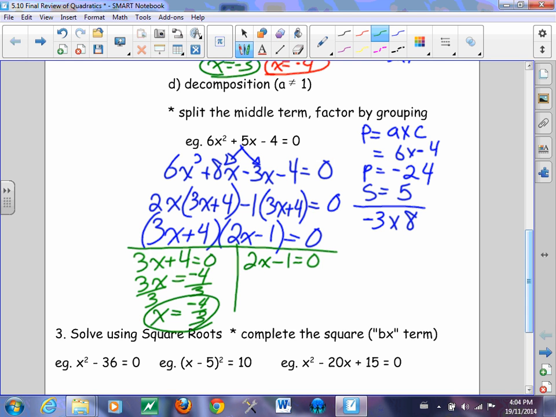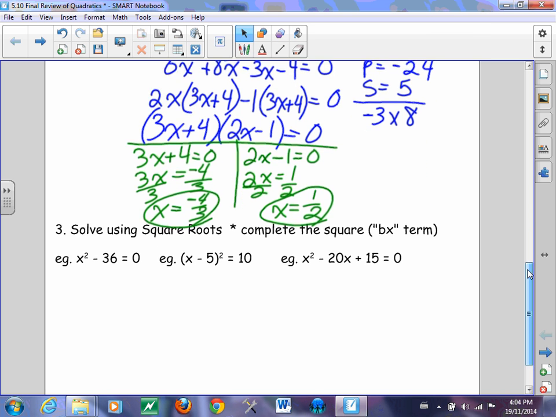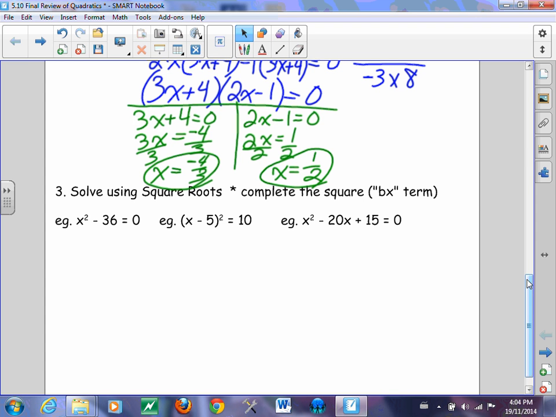Okay, and 2x = 1, divide both sides by 2, so x = 1/2. So ladies and gentlemen, you will have at least one root with a fraction in it when you do decomposition. Okay, so that's factoring. All those methods of factoring are fair game on your upcoming unit test.